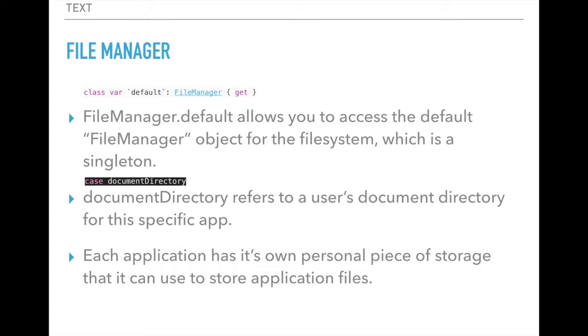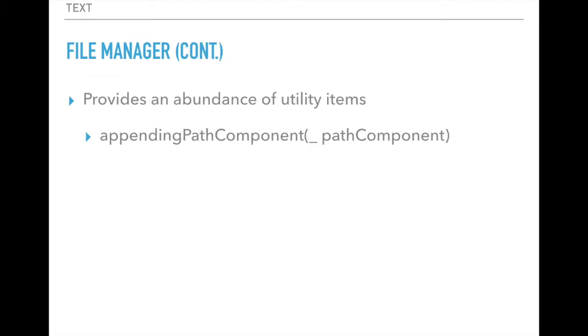So if you remember, when you use FileManager, you don't have to instantiate a file manager. You just call FileManager.default because it's a singleton. Whenever you call FileManager.default, it's accessing the same exact file manager every single time. And then documentDirectory is the directory where your user's documents will live on the device. And appendingPathComponent.